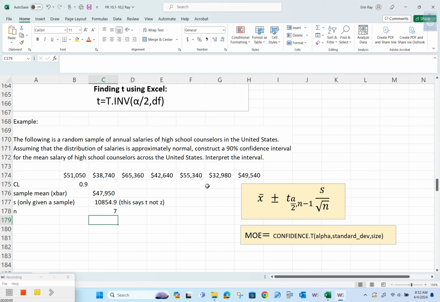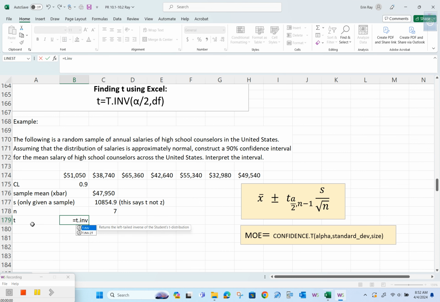Okay, putting this all together, we need this t using equals T dot inverse. It says the probability, and this is where I want you to practice with your formula sheet. These on Excel are not going to match what's on your note card intentionally. Excel says put this in and put this in. Your note card helps you remember what each of those represent. So the first thing, the probability, is your alpha over 2.